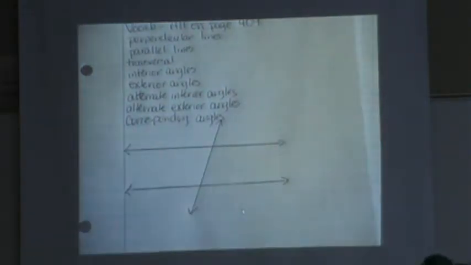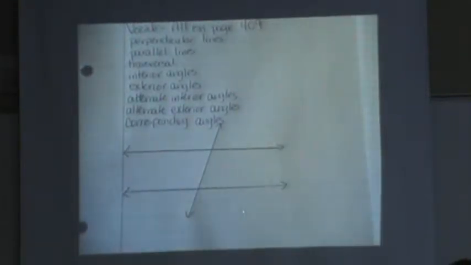Two lines in a plane that never intersect or cross. Okay, thank you. Parallel lines are two lines in a plane that never intersect or cross. So good job on reading that and finding that definition for us.